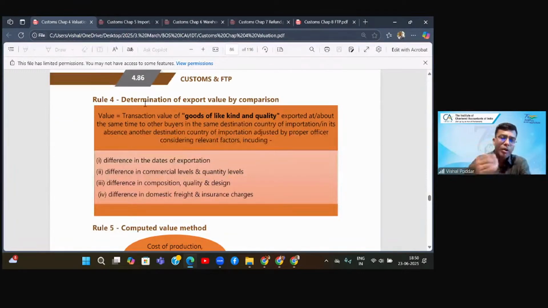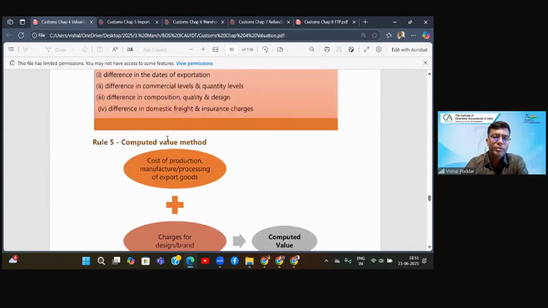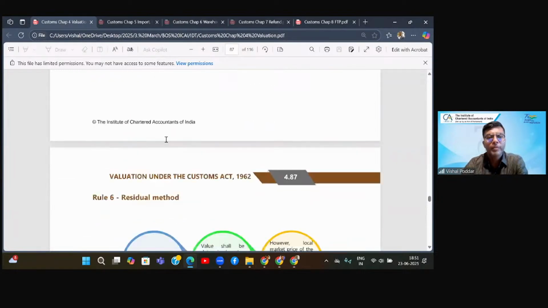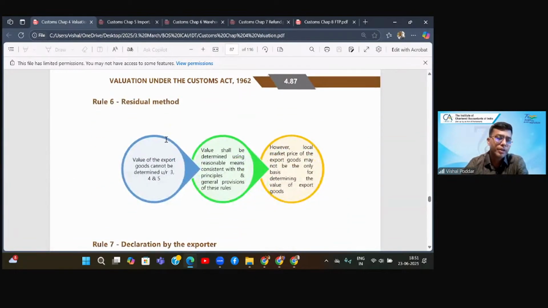What are the other rules? First, if your transaction value is rejected, you will take the value of goods of like kind and quality. So how we had the concept of identical, similar in case of import, parallelly for export, we have another term which is goods of like kind and quality. So you will take the transaction value of such goods. If that fails, you go by the computed method, and last is the residual method.